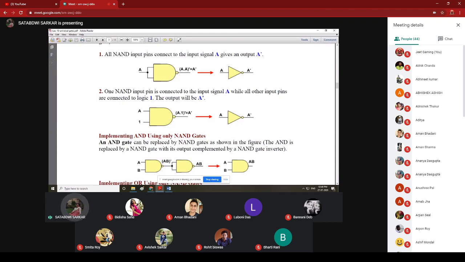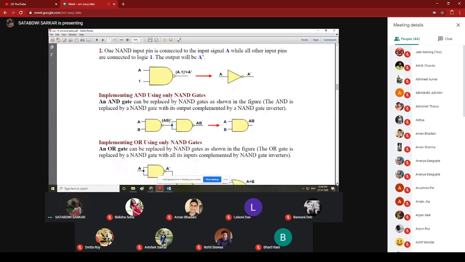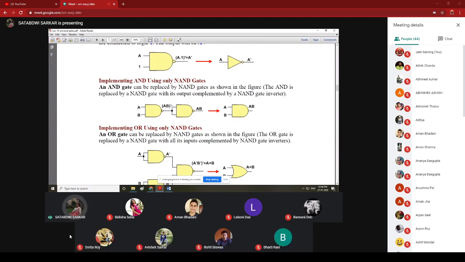Now implementing an AND gate using NAND gates. Look at this, this is very important. We have two NAND gates. Here we get A dot B complement, as you see, A dot B complement. So this is the NAND operation.